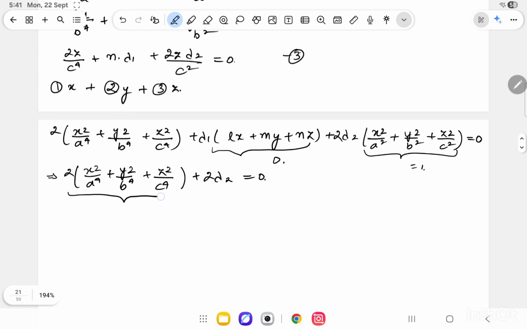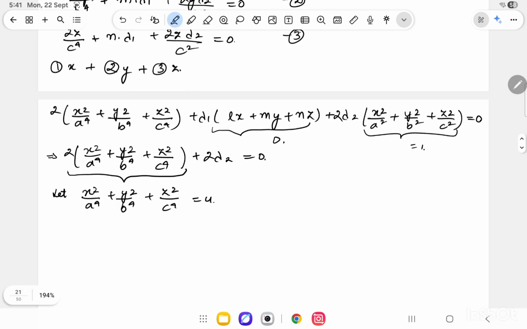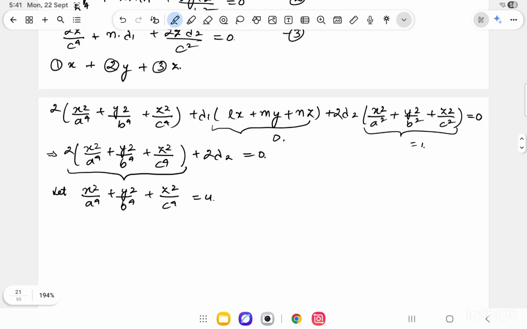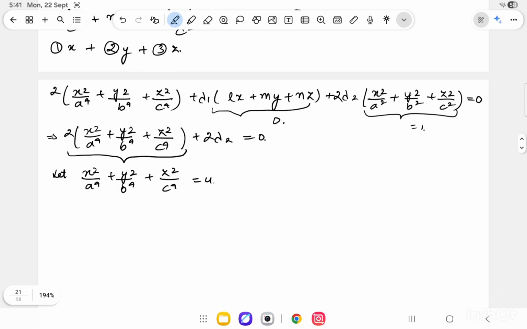This is the term for which we are supposed to find the maximum and minimum value. So let us name this term as u for the time being. Let x square by a raised 4 plus y square by b raised 4 plus z square by c raised 4 equal u. We are naming it just so that we don't need to write it again and again, because it will be involved in a lot of calculations.